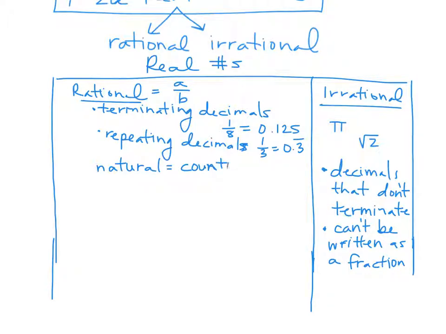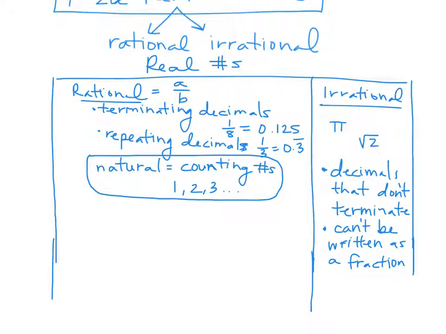How you started. 1, 2. So it's the counting numbers. So 1, 2, 3, and so on and so forth. Okay, so natural numbers are kind of the innermost. A lot of other groups have natural numbers that fall into it.